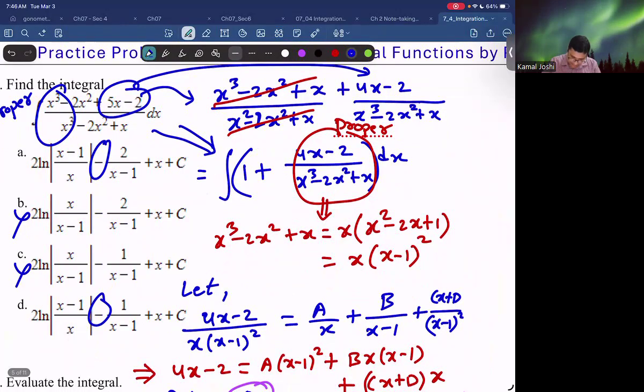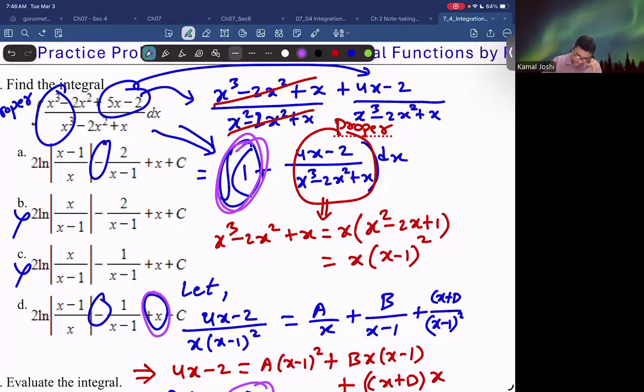Oh, looks like the Cx plus D parts are just 0. This x comes from the 1 here. Okay. This 1 here produces this x, right? Oh, okay. x minus 1 whole squared produces this. That comes from the integral of x minus 1 whole squared by applying the power rule.